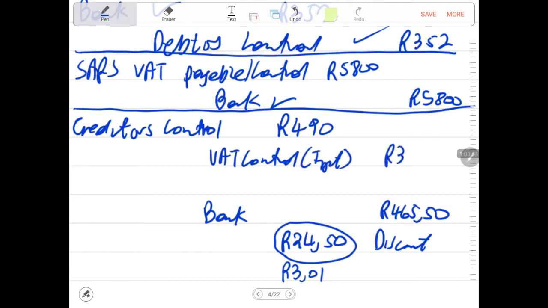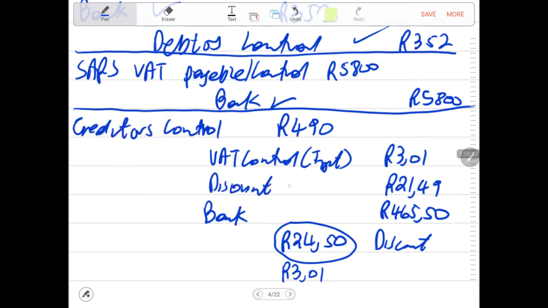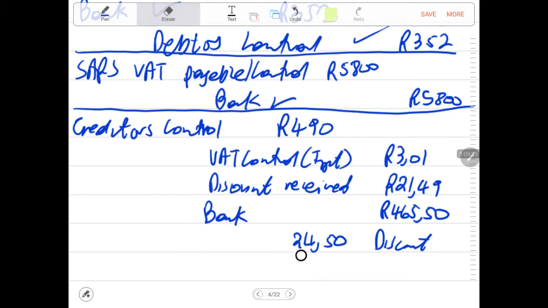This is R3.01. Then we say R24.50 minus R3.01, and we get the amount of the discount as R21.49. This is the discount received, which we call interest income in the latest days.